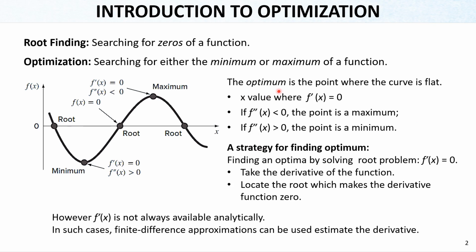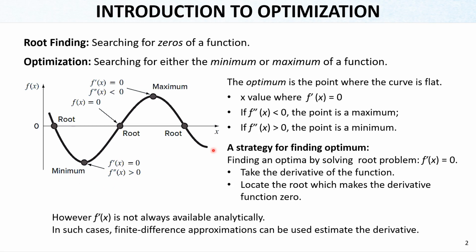And flat means here the first derivative is 0. So we will be focusing on the first derivative. Whenever it becomes 0, that means it gives us a maximum or a minimum. But the second derivative gives the information about maximum and minimum. If the second derivative is smaller than 0, it's a maximum. Greater than 0, then it's a minimum.